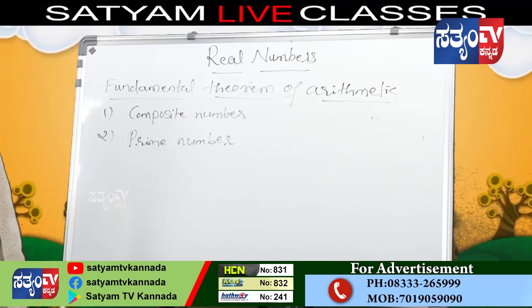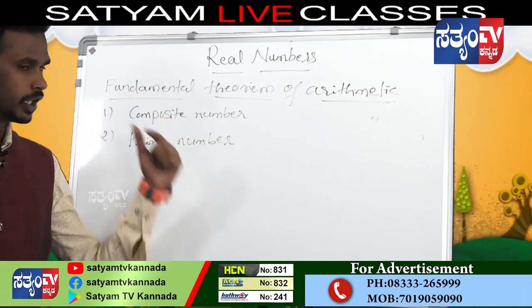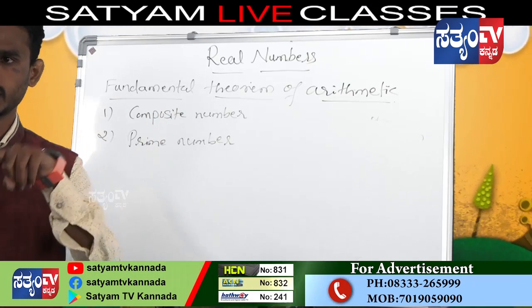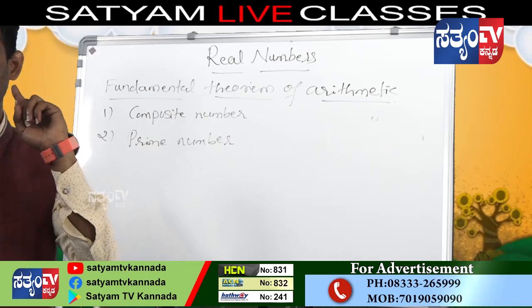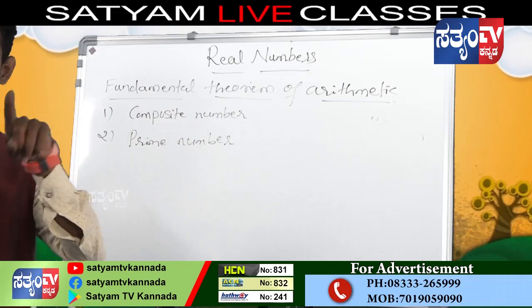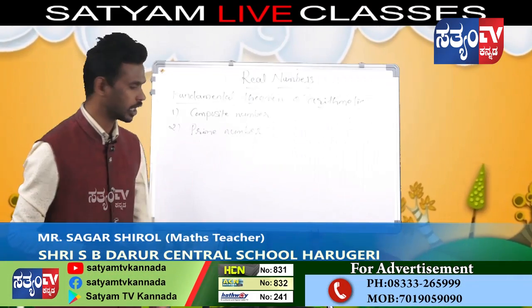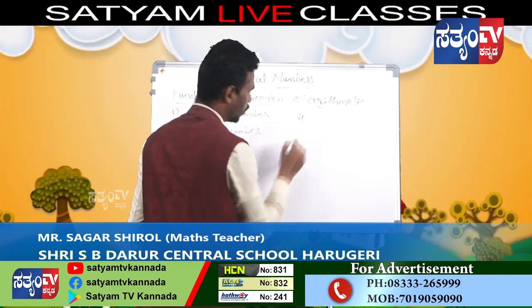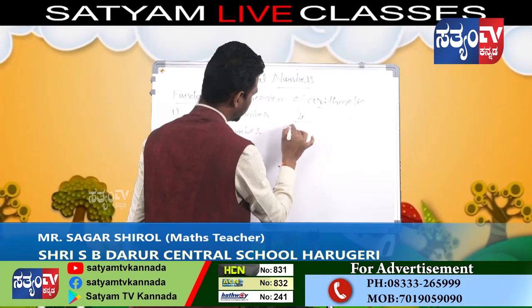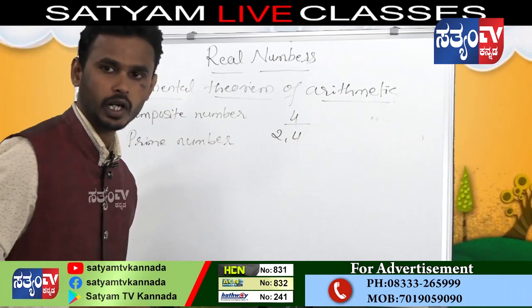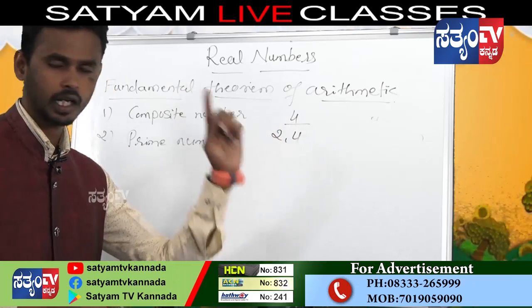So what is a composite number? Composite number means a number which is divisible by itself and other numbers also. For example, 4. It is divisible by 2 also and 4 also, divisible by itself also and other numbers also.